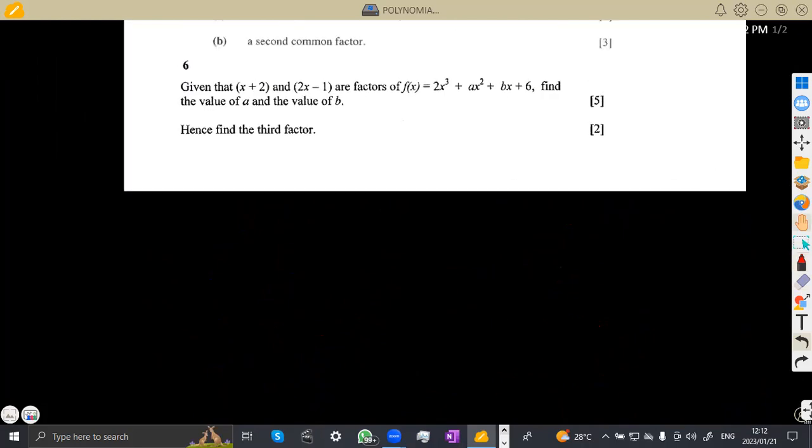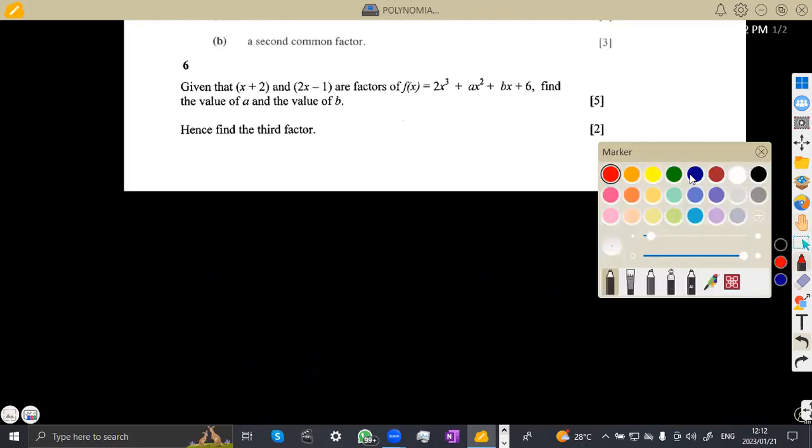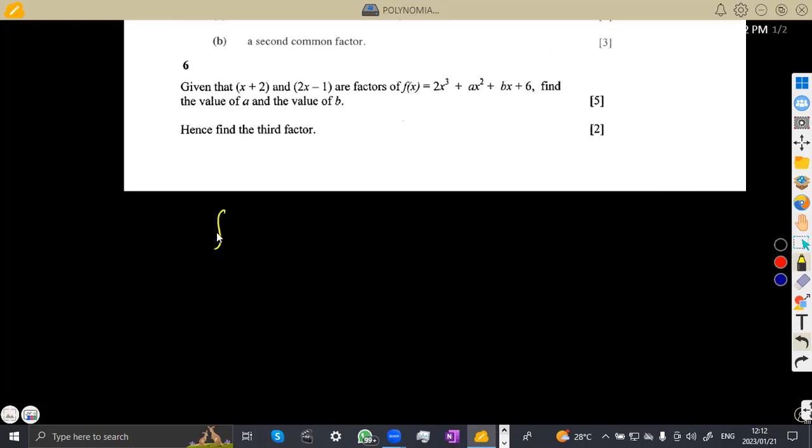Okay, so what I'm going to do is to rewrite this f of x. Now substituting the values of a, it's going to be 2x cubed minus 3x squared, and b was minus 11, so it's going to be minus 11x plus 6. We already have 2 factors that we are given.